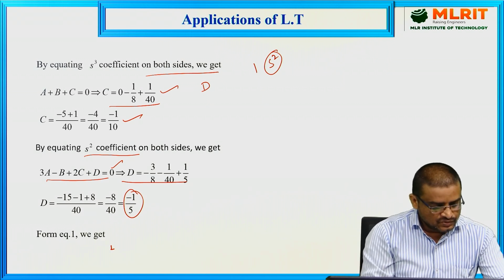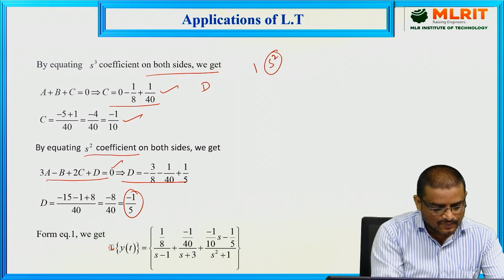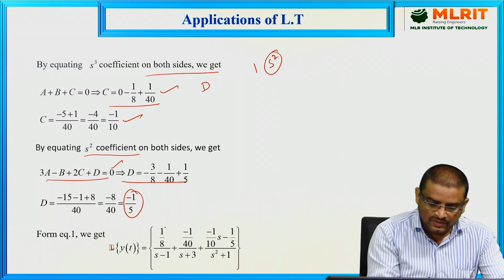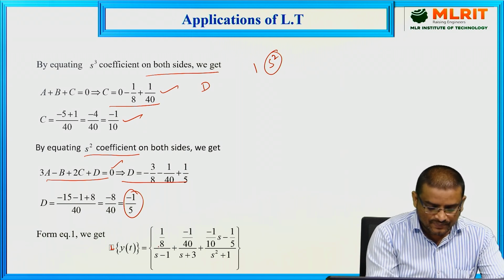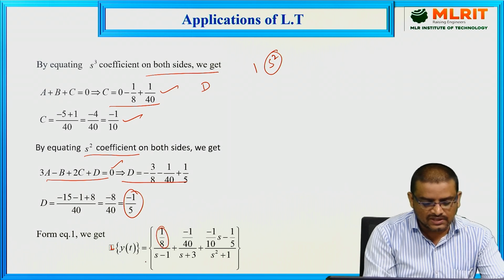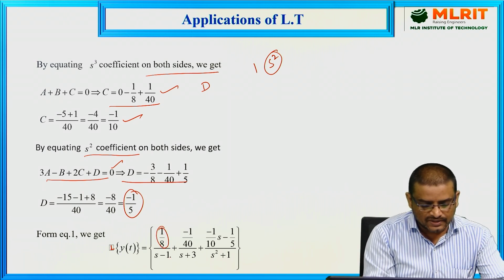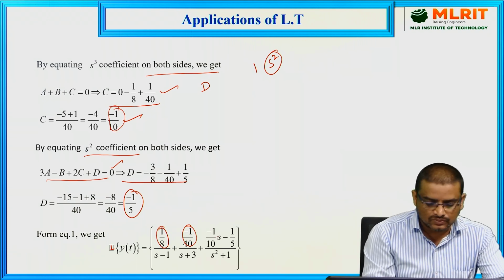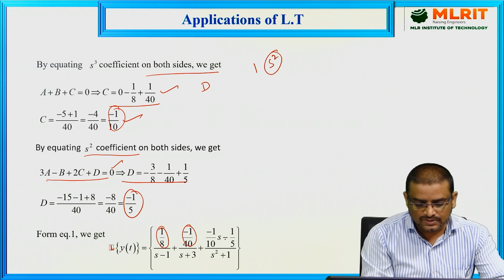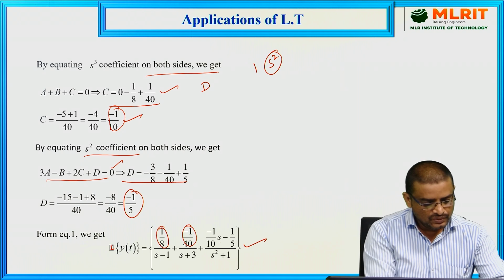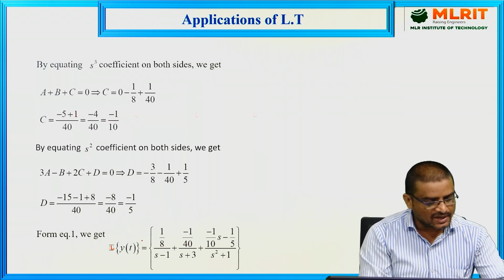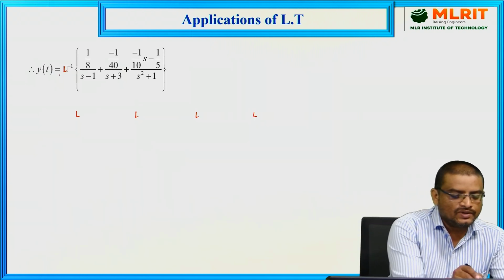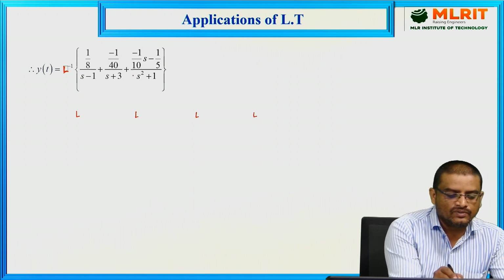So from equation 1, you will get Laplace transform of y of t is equal to, in place of a we got the value 1 by 8, and b we got that b is equal to minus 1 by 40, and c just now we got c is equal to minus 1 by 10 into s, d we got minus 1 by s. So now you send this L to this side, it becomes L inverse here. So L inverse of y of t is equal to L inverse of this.